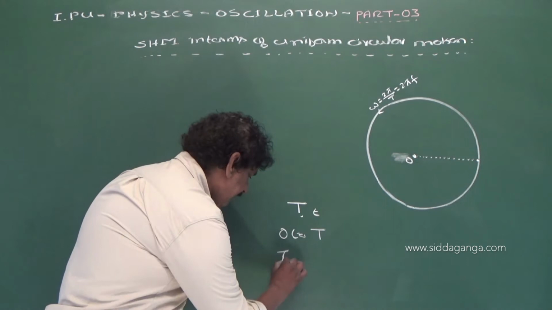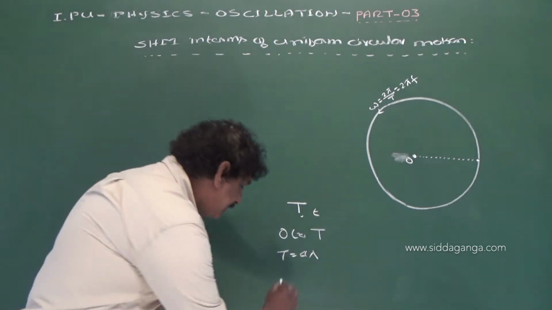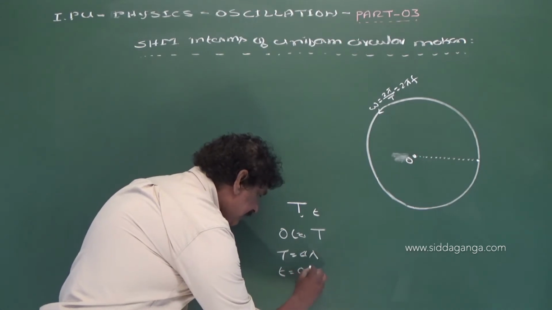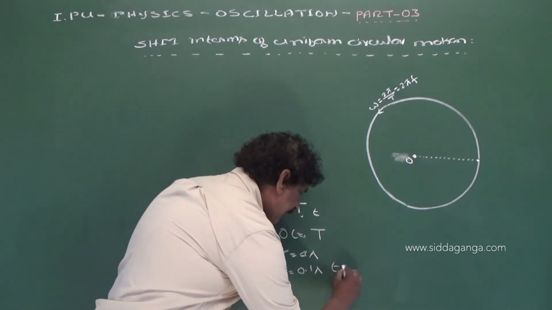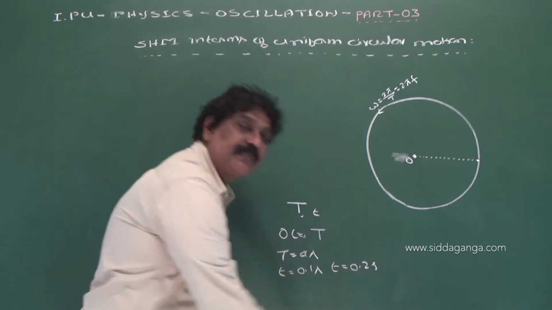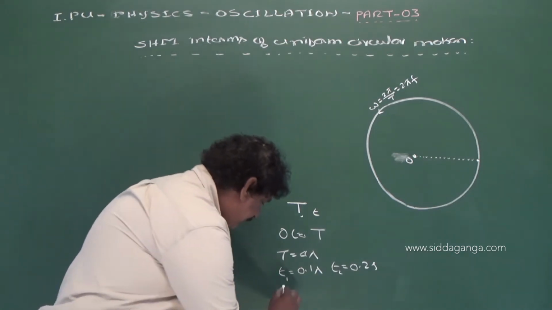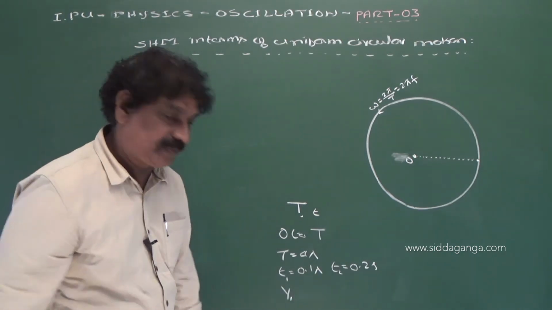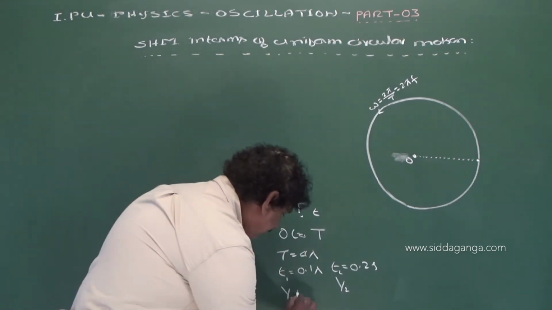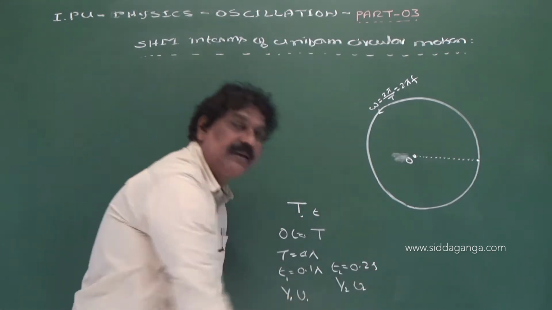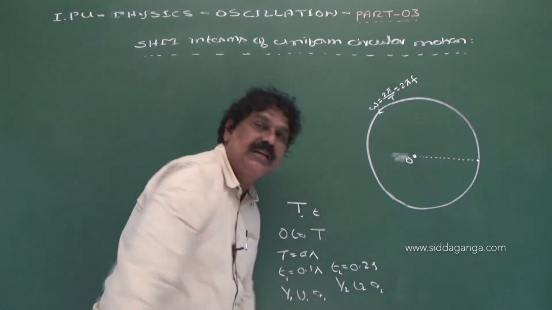Suppose we say if T is equal to 4 seconds, now we need to find what happens at t equal to 0.1 second, what happens at t equal to 0.2 second, right? That is t1, t2. Say this is a displacement y1, here displacement y2, here velocity v1, here velocity v2, here acceleration is a1, here acceleration is a2.